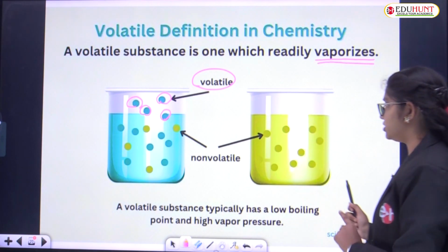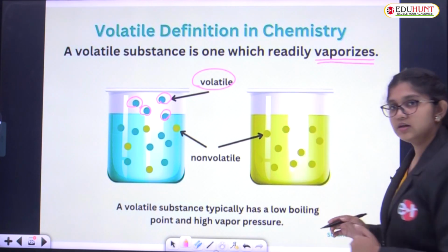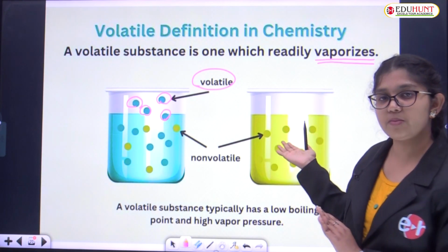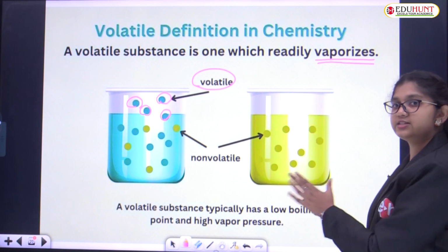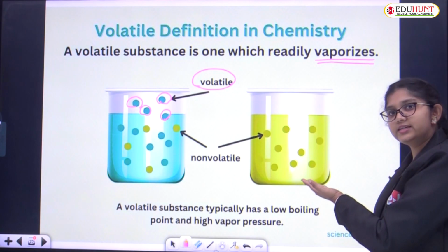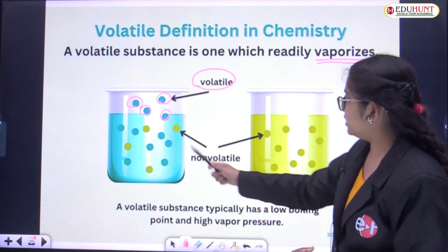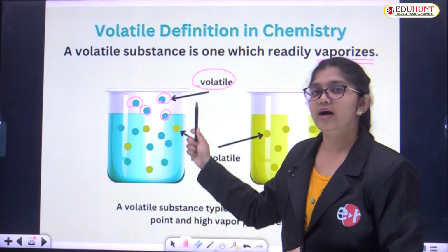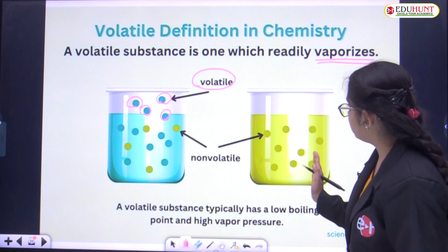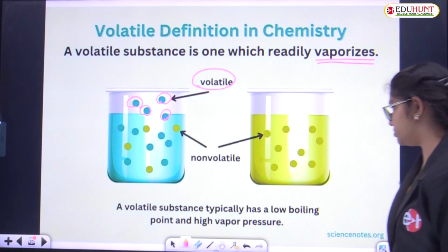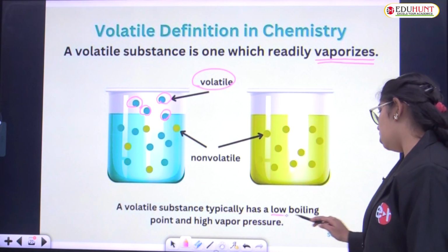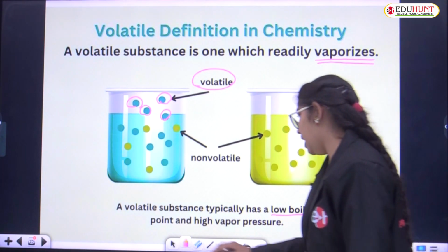Here, can you observe any particles vaporizing easily at room temperature? No, right? So these are considered non-volatile, which means they do not evaporate easily at room temperature, while volatile ones do. Here is the differentiation, children, and one more statement: a volatile substance typically has a lower boiling point and high vapor pressure.